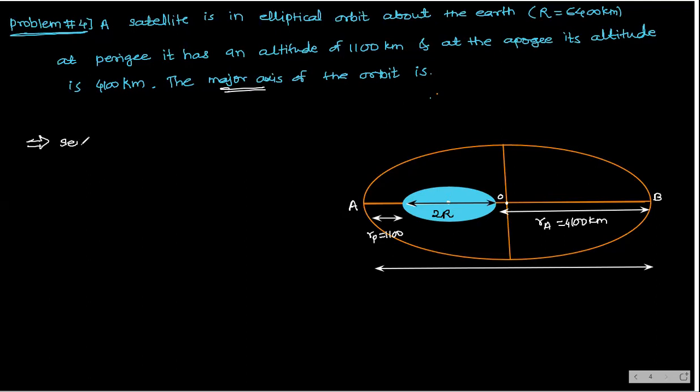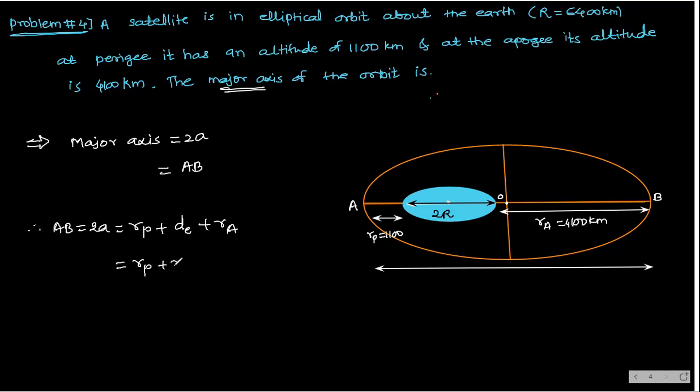So major axis we have to find, and major axis is 2A, which is equal to AB. Therefore AB is equal to 2A is equal to RP plus diameter of earth, plus RA. So this is equal to RP plus 2 times radius of earth plus RA.